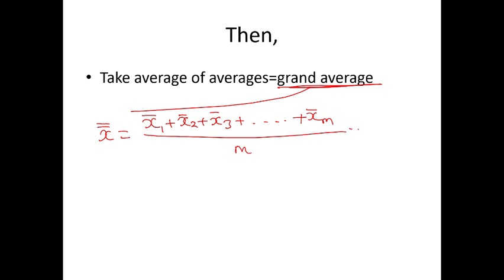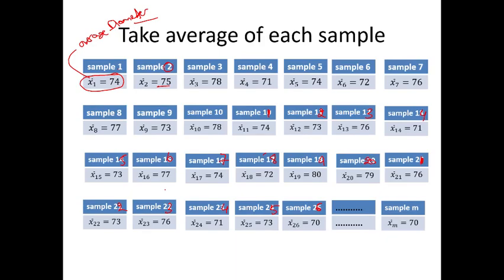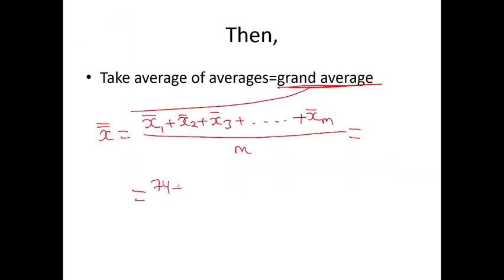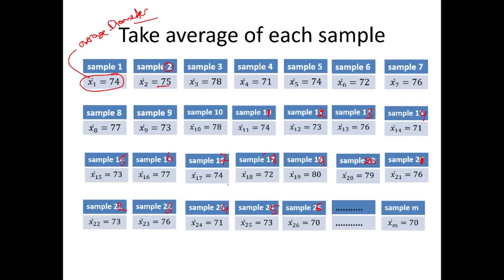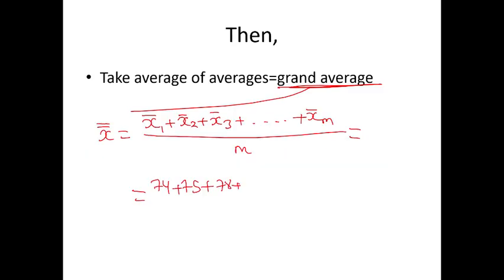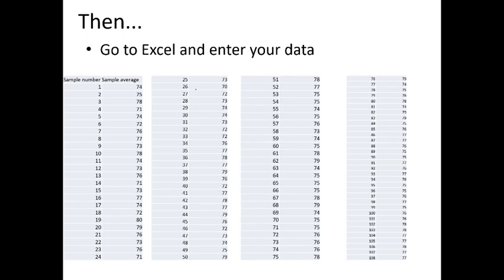In my example, it will be 74 plus 75 plus 78 and then 71 and then 70, up to the final one, which is 70, and then we divide by the number of them. This is the grand average. Then we go to Excel, enter our data, and plot to see what's going on there. So let me just go back to Excel.